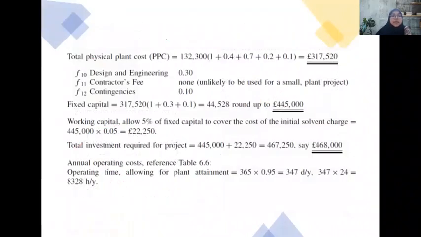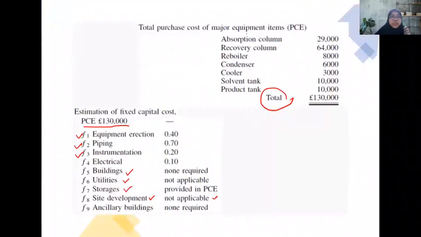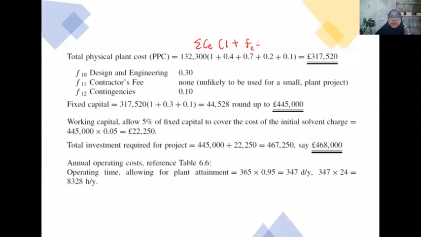And then after that, for the total physical cost, you may use this equation, the total CE times order plus F, okay, 0.4 is FE, and then plus FP and so on.